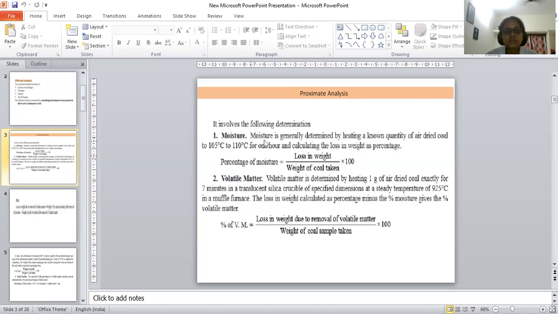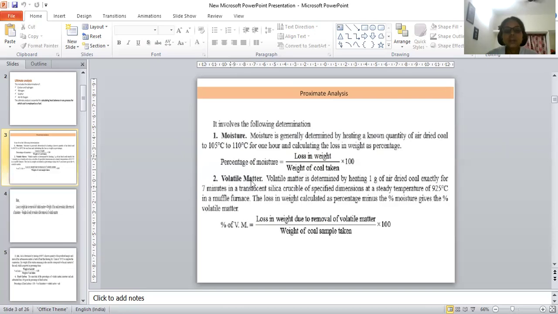Moisture is generally determined by heating a known quantity of air dried coal to 105 to 110 degrees centigrade for 1 hour and calculating the loss in weight as a percentage. Here the percentage of moisture is equal to loss in weight by weight of coal taken into 100.